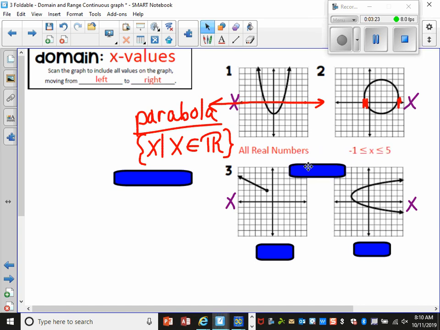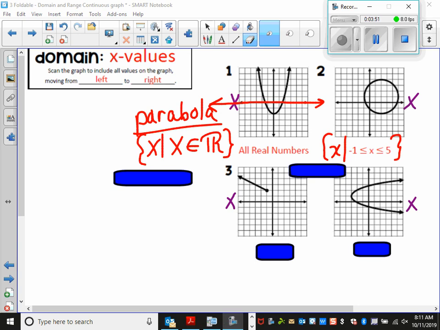It goes from -1 to 5. To complete the set builder notation, we say X such that, and we start with our smaller number like we did in our last unit: -1 is less than or equal to X, which is less than or equal to 5. Again, it is only going from -1 to 5 on the x-axis.